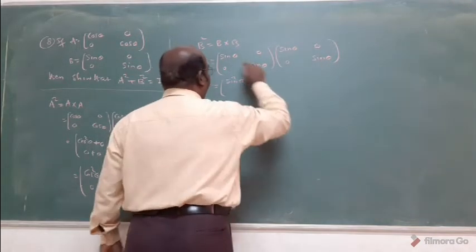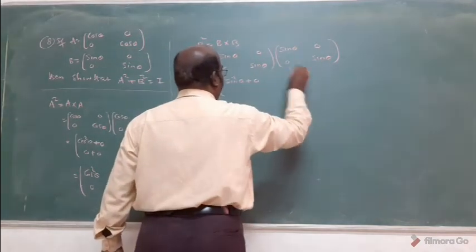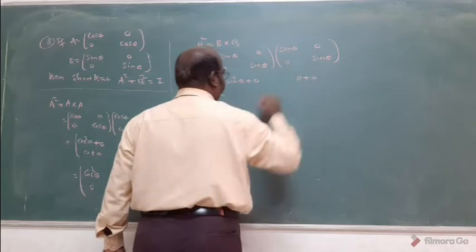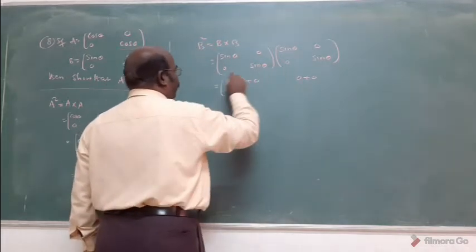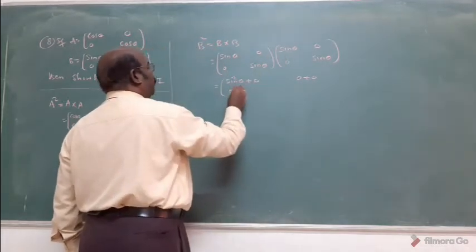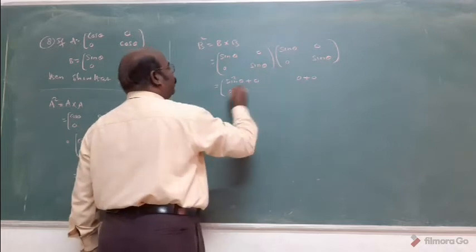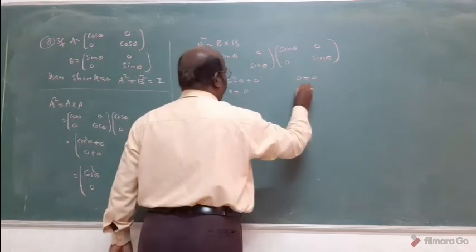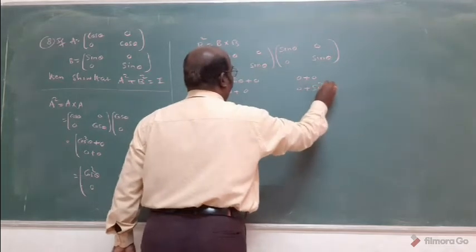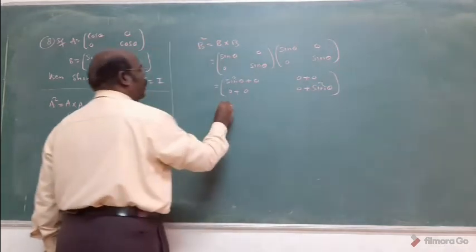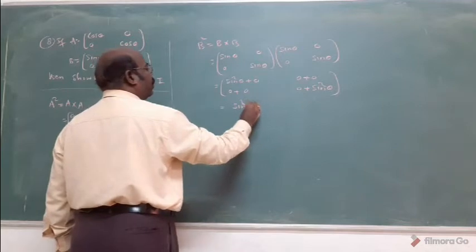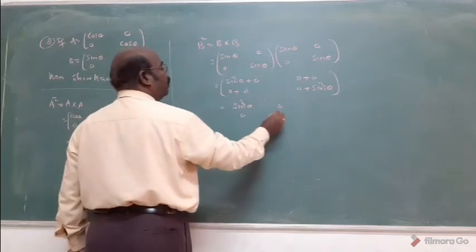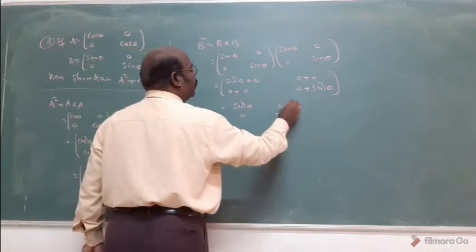First row second column: sin into 0, 0, plus 0 into sin, 0. Second row first column: 0 into sin, 0, plus sin into 0, 0. Second row second column: 0 into 0 plus sin square theta. Our answer is sin square theta 0 0 sin square theta.